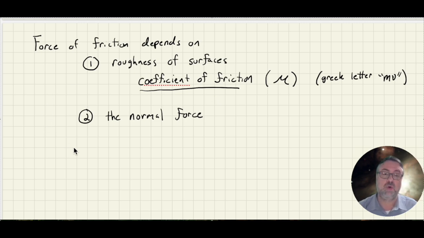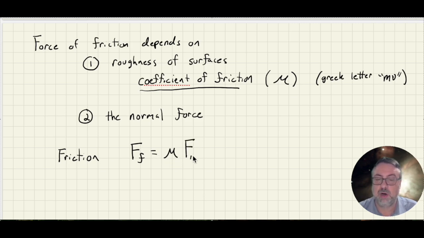And so we can summarize this as that for friction, the force of friction is equal to this coefficient times the normal force. And again, there's nothing magic about this coefficient, mu. This has to be measured. It has to be determined experimentally.